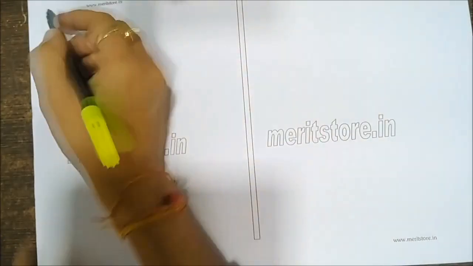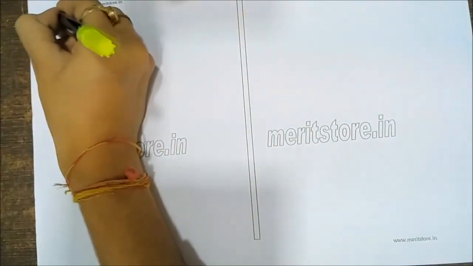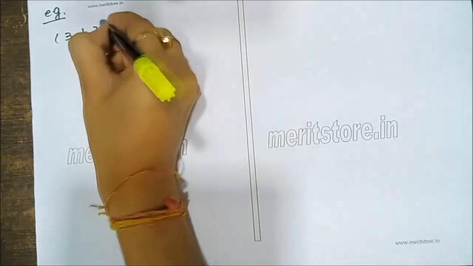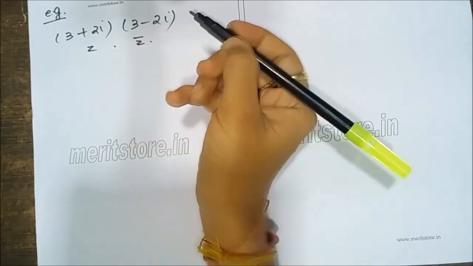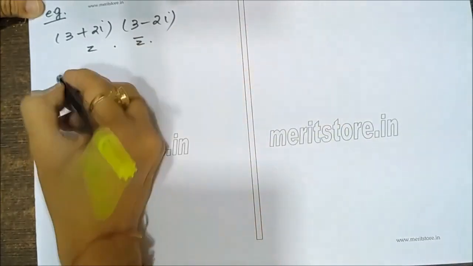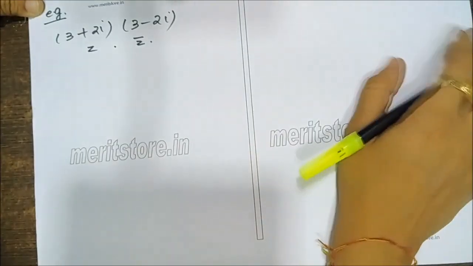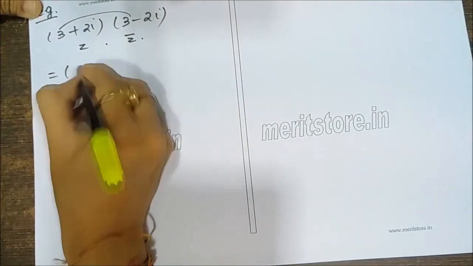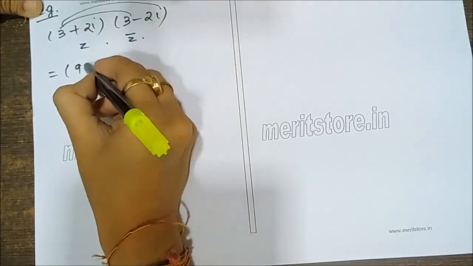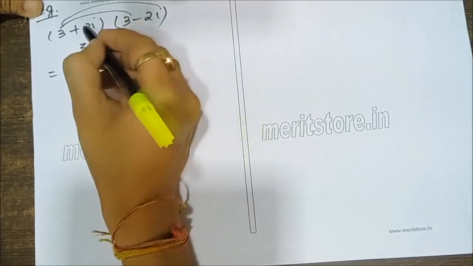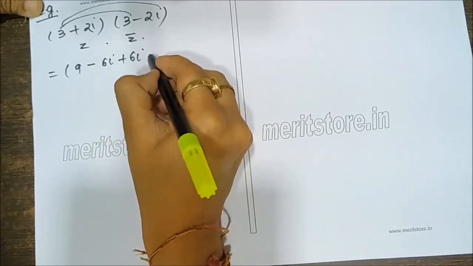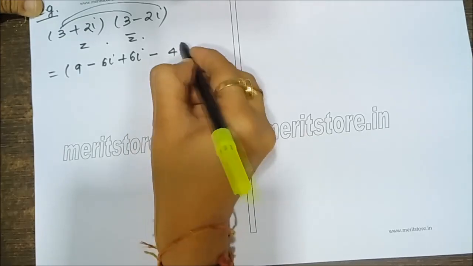Let's take an example. Let's say 3 plus 2i and 3 minus 2i. If this is Z and this is your bar Z, that is negative, what will happen? You'll open your brackets, how you were opening in your lower standards. 9 minus 6i plus 6i, and here we are writing minus 4i square.